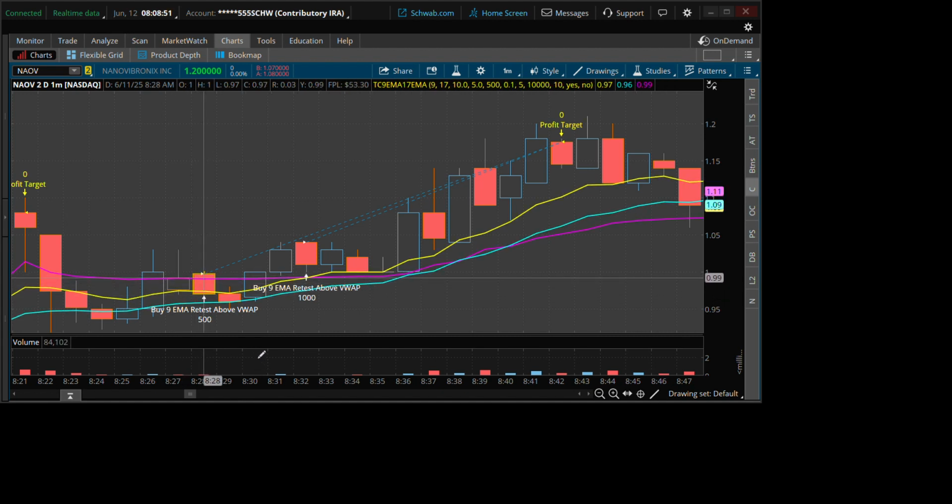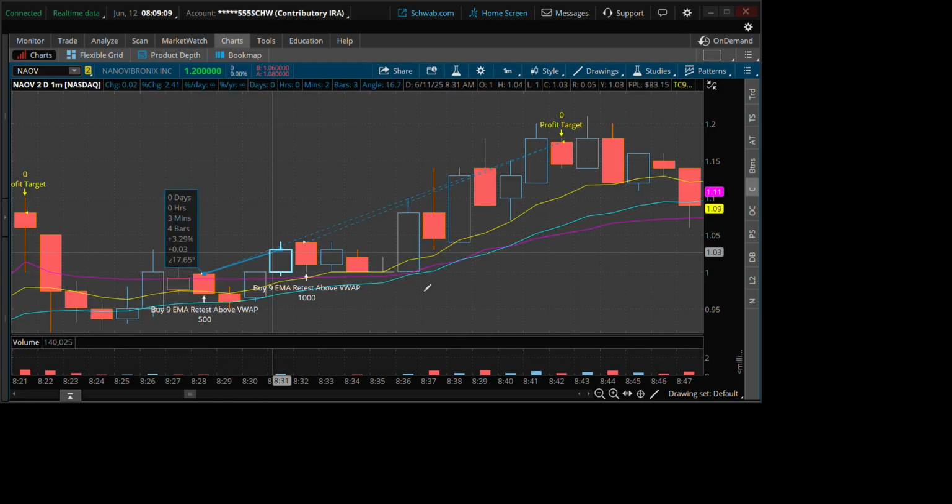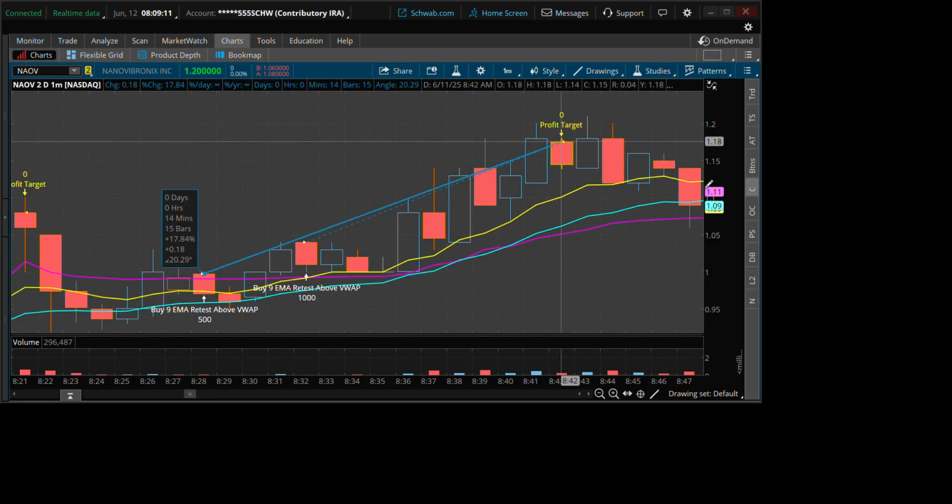And because price action was above the VWAP and the EMA, it gave you a buy. And it did it again. Came back down, closed below, not a buy, came back up. This one closed above, gave you another buy. If you would have followed this, it would have given you about another 17 to 20%. If you would have caught the top, a little 20% gain.